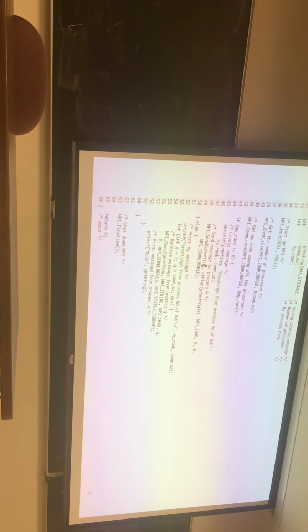This is why in process 0 we have a for loop here. You first receive the message from process 1, then from process 2. So this is a sequential process.